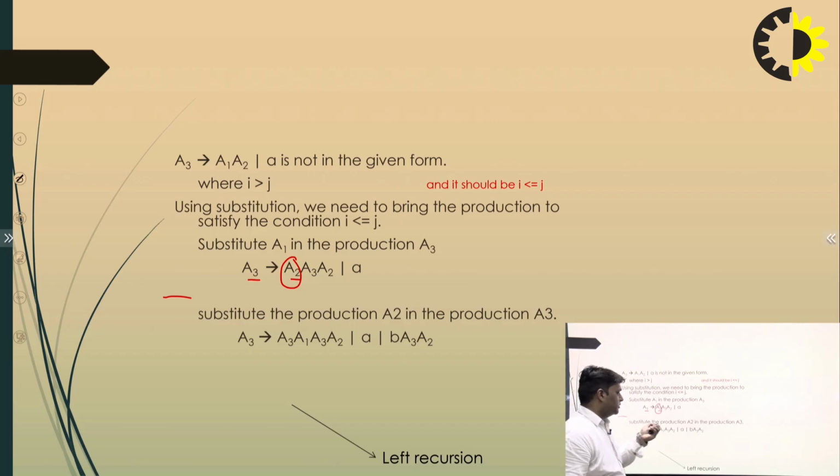Now substitute the production A2 in the production A3. Now we get A3 A1 A3 A2 | A | B A.